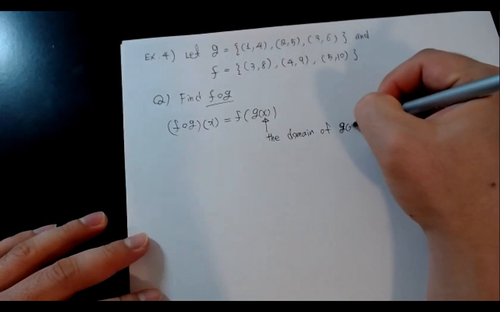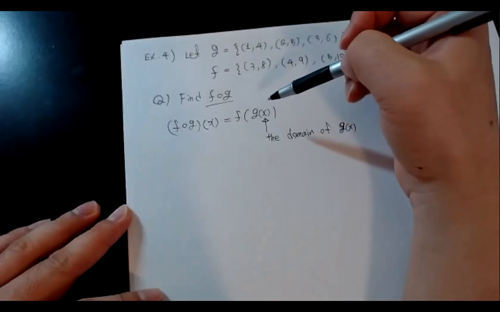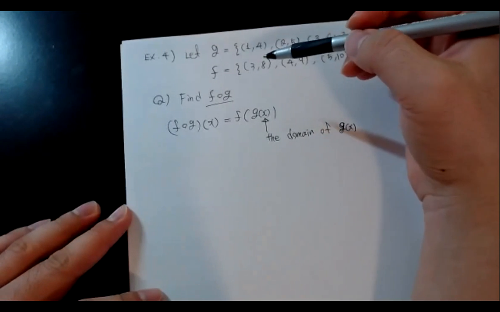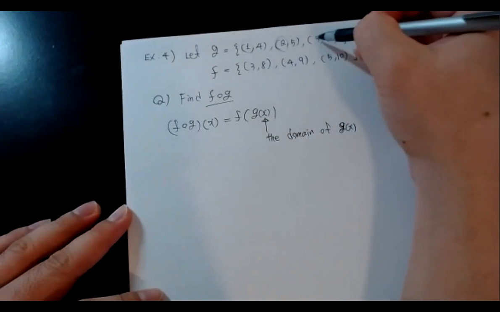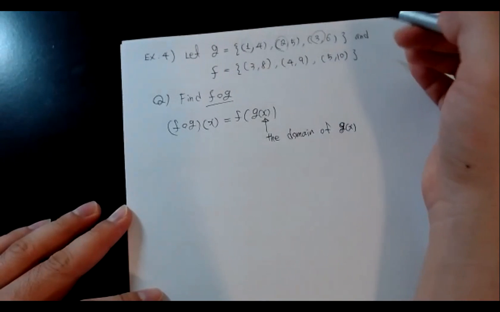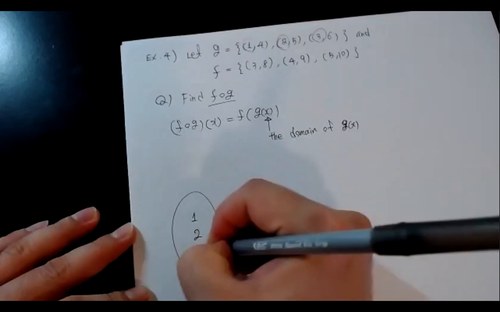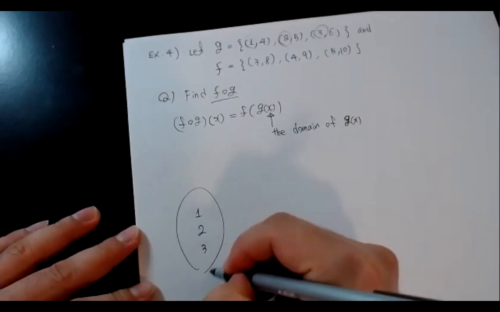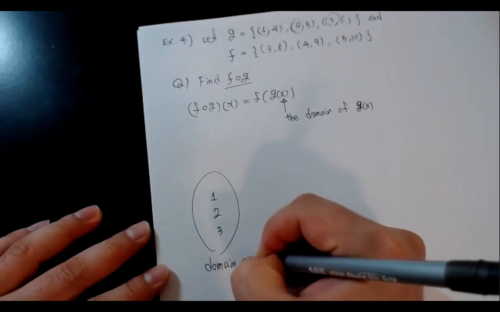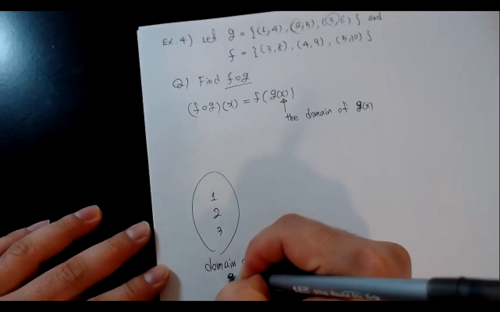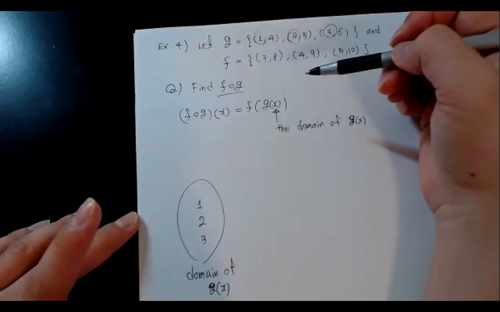Okay, g of x. Now the domain of function g has 1, 2, 3. So that's the domain of function g. Now we evaluate function g at x is 1, 2, 3.